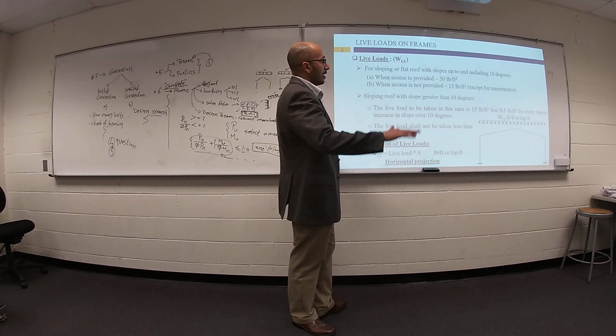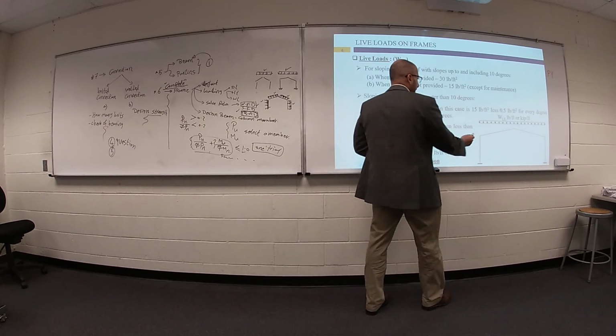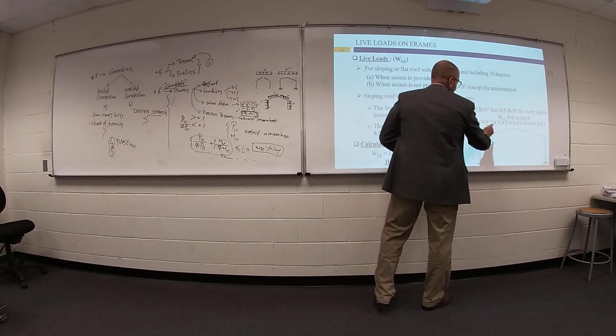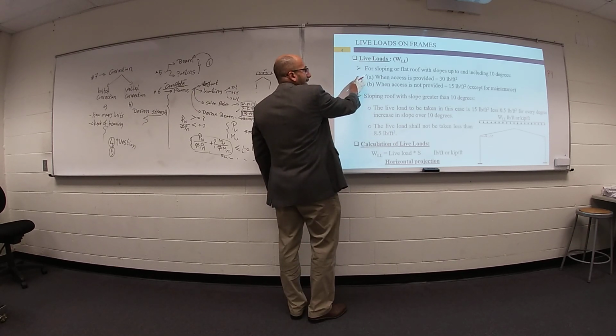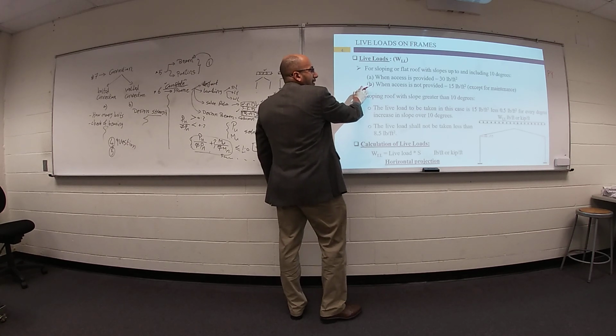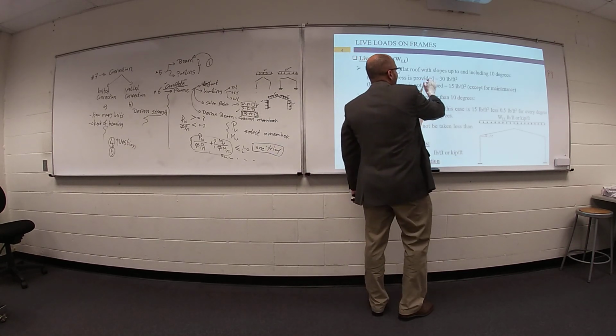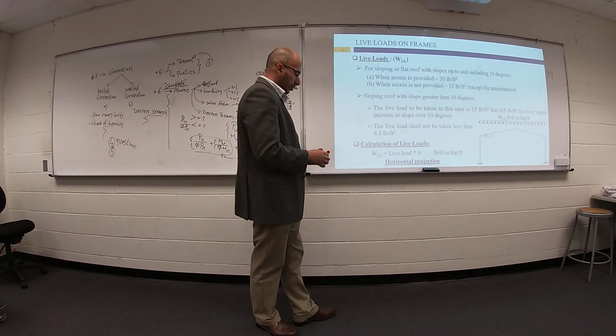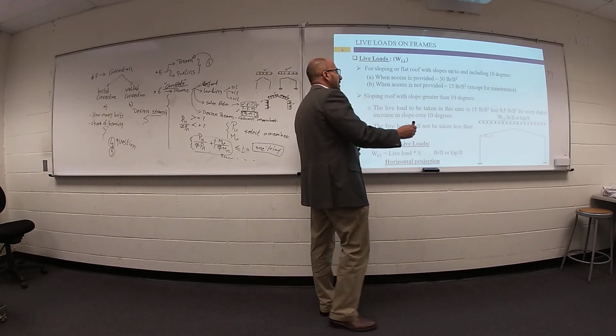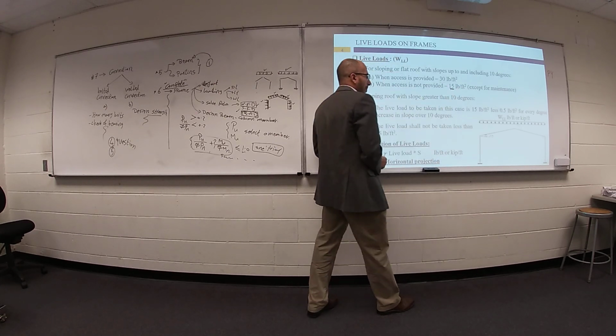The first one, if your angle is 10 degree or less, maybe we have two situations. The first one, if your roof is accessible or not accessible. So if your roof is accessible, go ahead and use 30 pound per square feet horizontal projection, or 15 if you cannot access your roof.